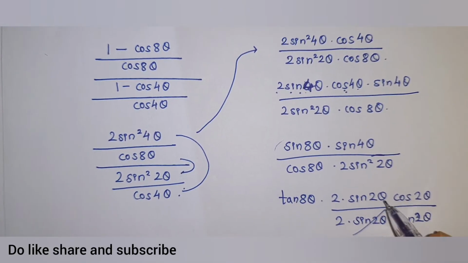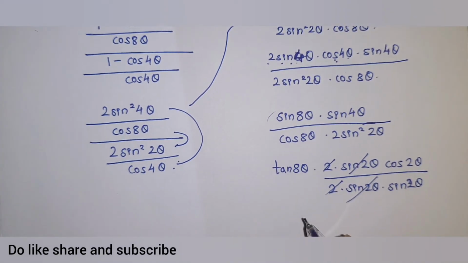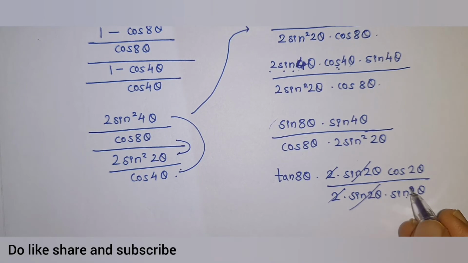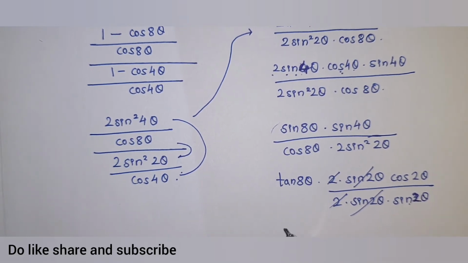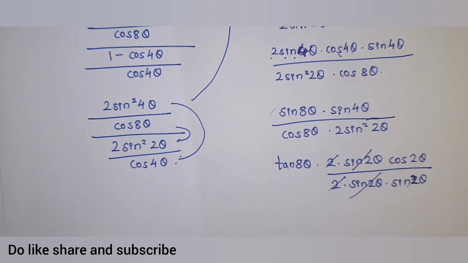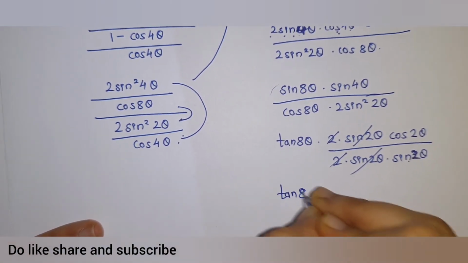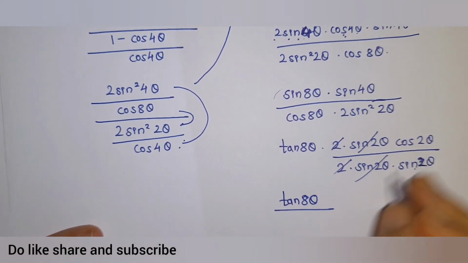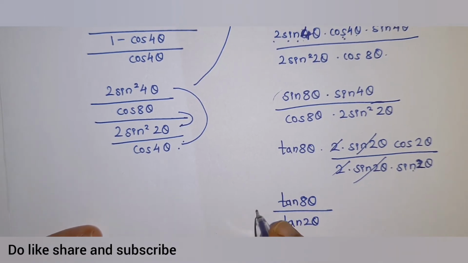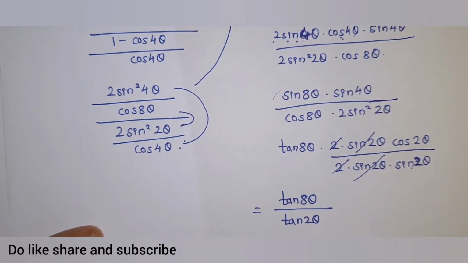Here one sine 2 theta will get cancelled and 2 will be getting cancelled here, and this cos 2 theta divided by sine 2 theta is equal to cot of 2 theta, and cot of 2 theta will be equal to 1 upon tan 2 theta from the reciprocal formula. So tan of 8 theta divided by tan of 2 theta will be our final answer.